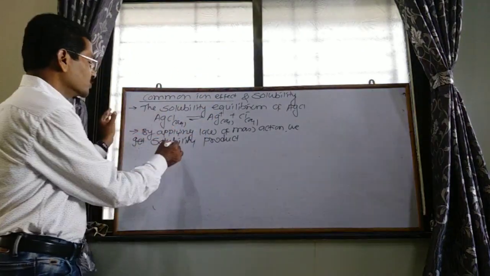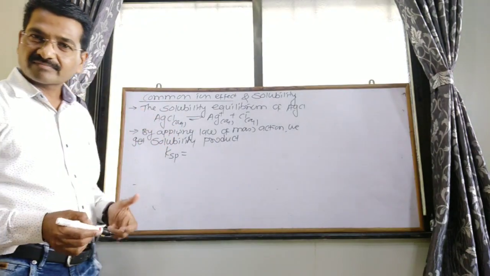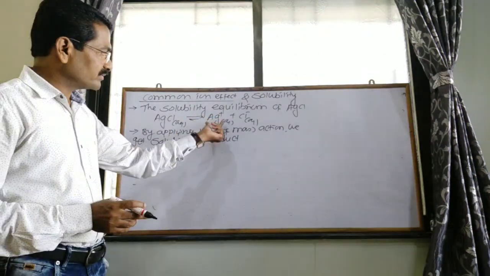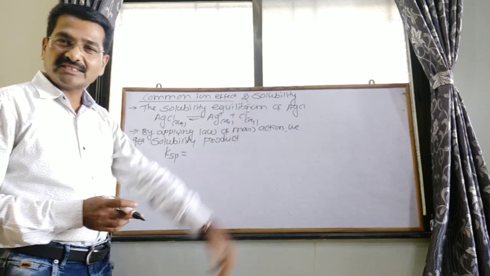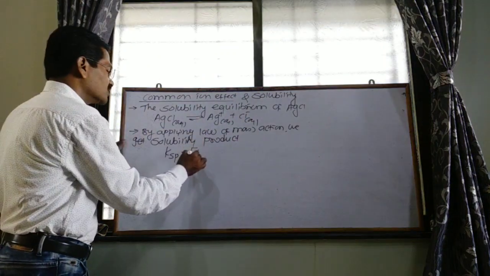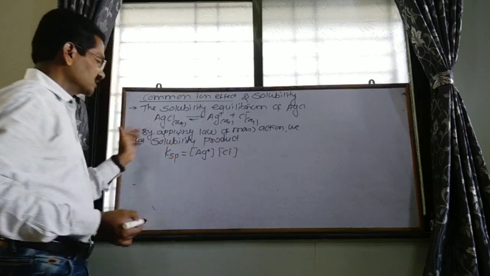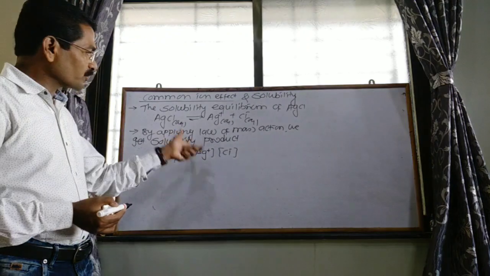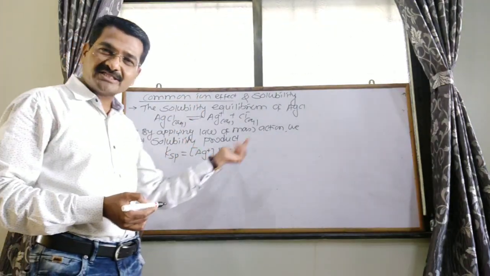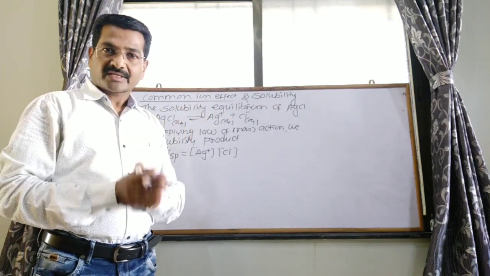Ksp is the solubility product, equal to the product of the concentrations of the ions in square brackets. So for AgCl, Ksp is equal to the concentration of Ag plus times the concentration of Cl minus.